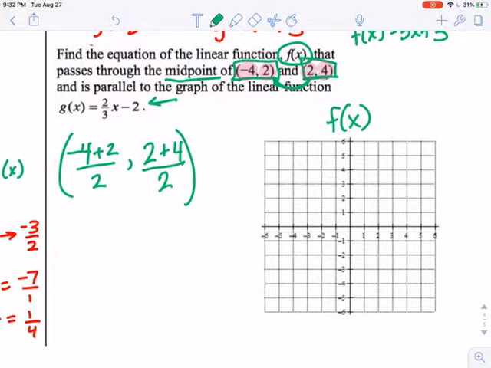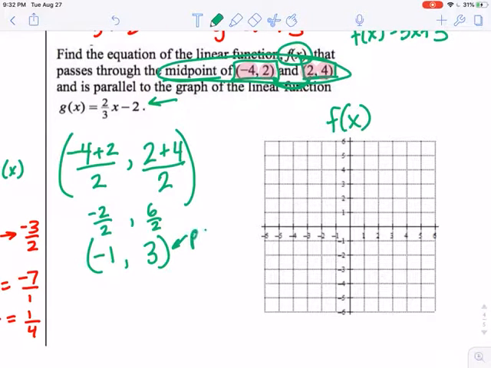So I'd have -4 plus 2 would be -2 over 2 would be -1, comma 2 plus 4 is 6 over 2 would be 3. So it says find the equation of the linear function that passes through the midpoint of these things. So it's passing through -1, comma 3.